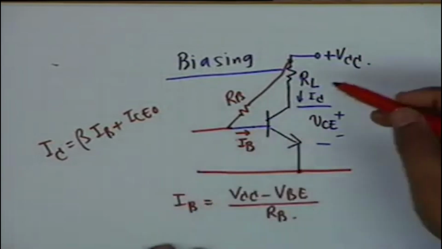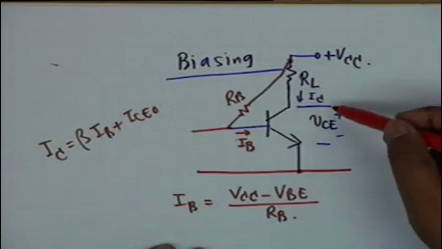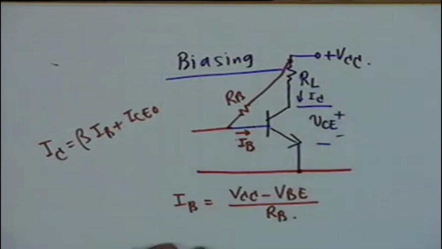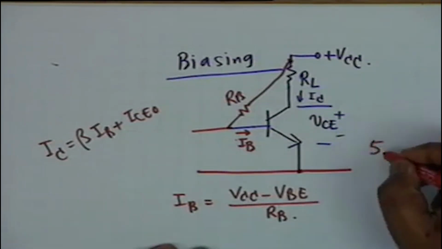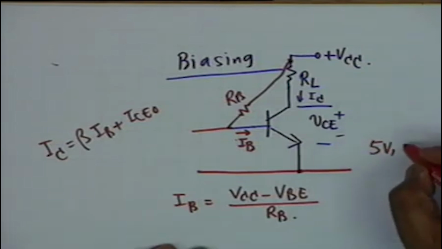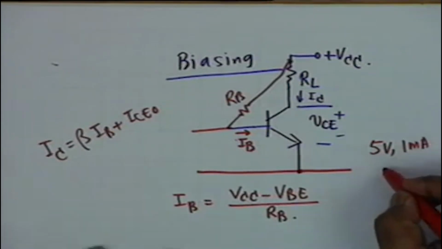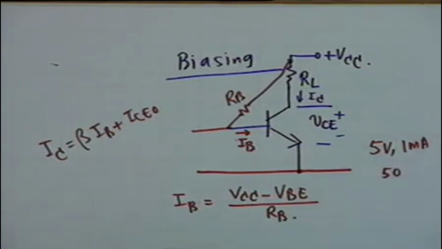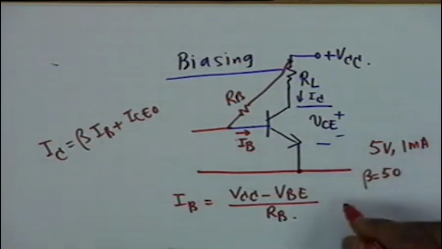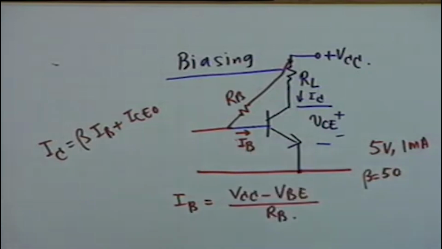Alright, and if you know I sub C, then you can determine RL to find out a specific value of VCE. For example, if VCE is required to be 5 volt and I sub C is required to be 1 milliampere, with a beta of 50, then you know what your IB required is.